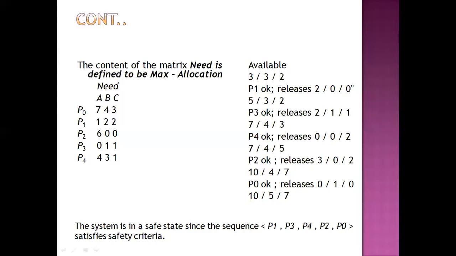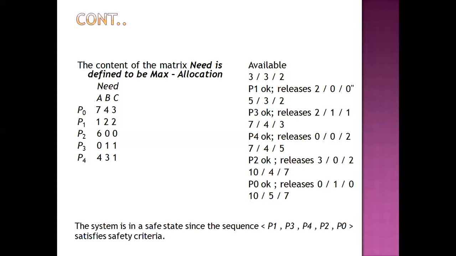Now we have to find the need matrix, which is defined by the formula max minus allocation. From this method, the need matrix for P0 would be 743, P1 122, P2 600, P3 011, and P4 431.